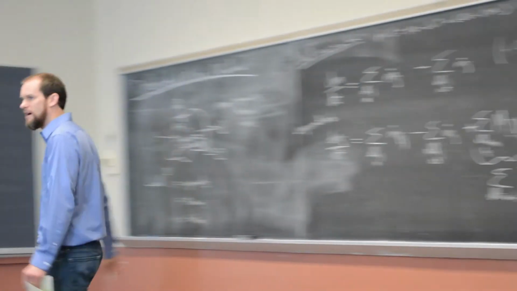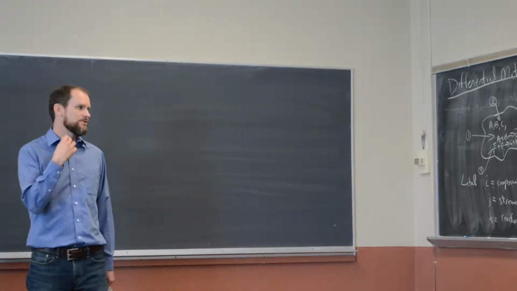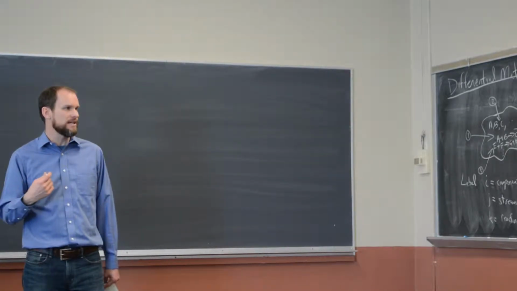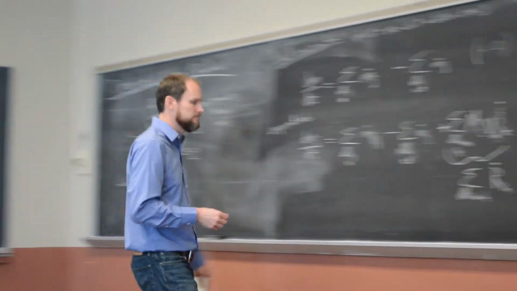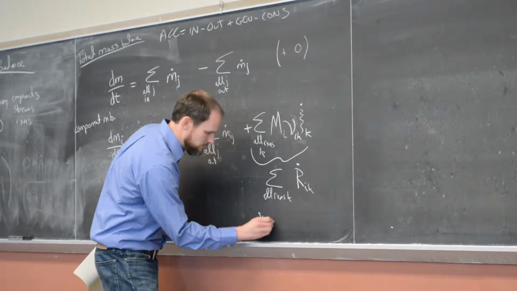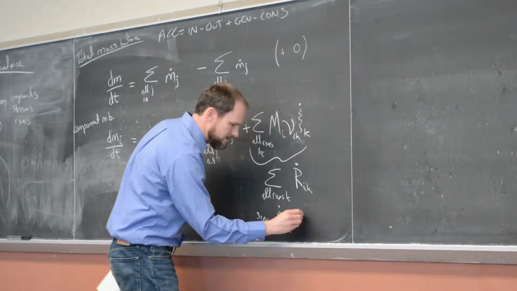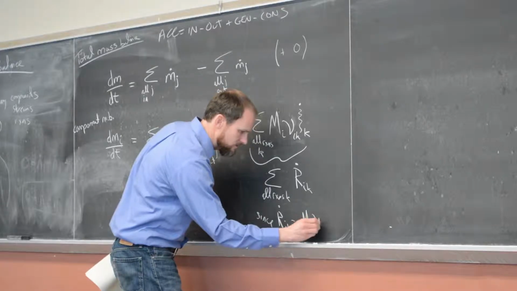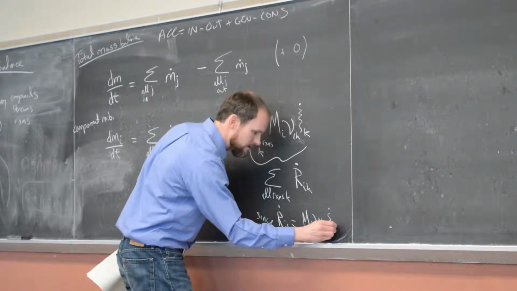So if you remember, we're using R as a mass rate of reaction. How much mass of I is created by reaction k? We call that capital R. That's R dot ik, which is M sub I, nu ik, psi dot k.